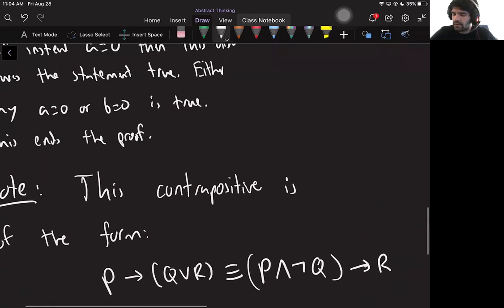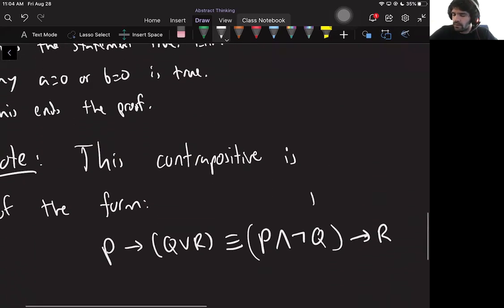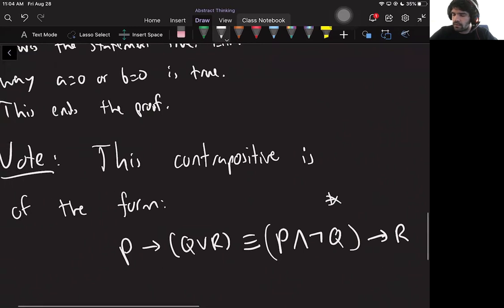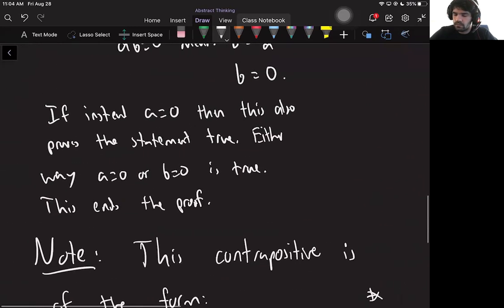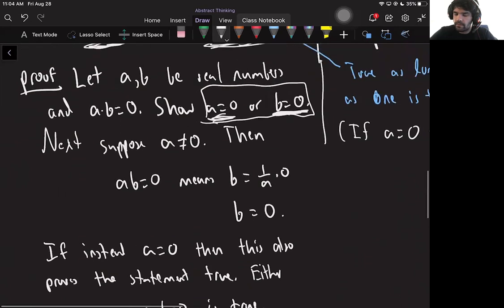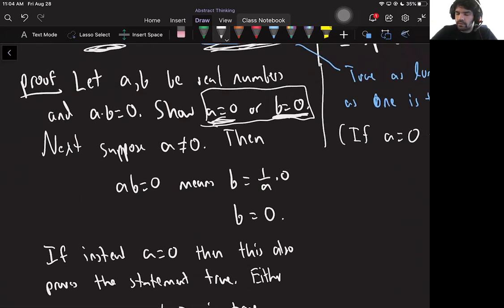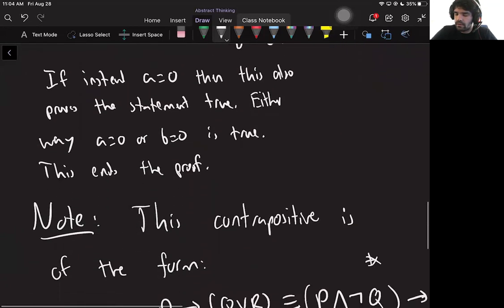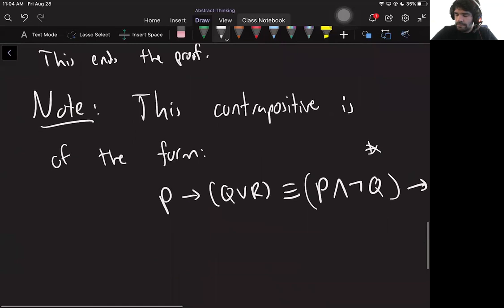And that is actually what we've done to prove this statement, because what we've done up here is we assumed P and we assumed not Q. This would be our Q in this little writing down here. AB equals 0 implies that A equals 0 or B equals 0.